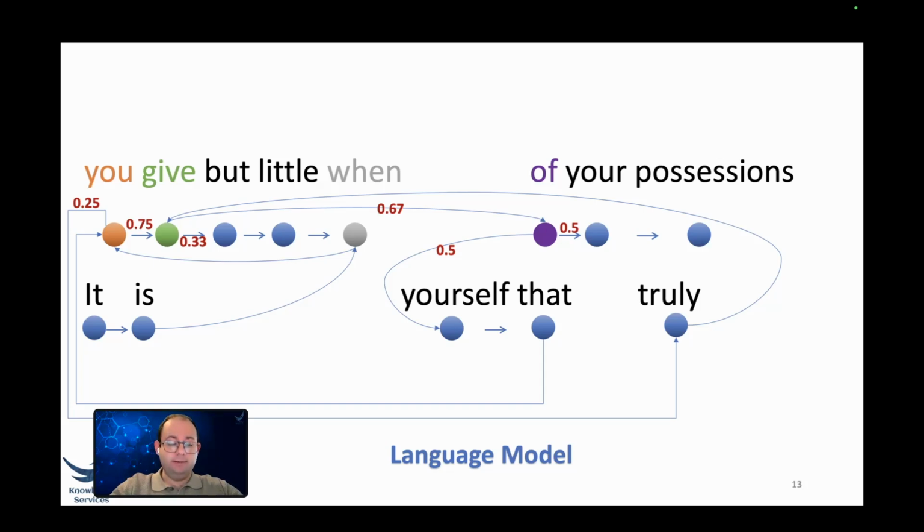Now let's read from the beginning of the model. It starts with you. Following the path with a high probability of 75%, the model moves to the next word, give. From this new word, the model again makes a prediction with a probability of 33%.